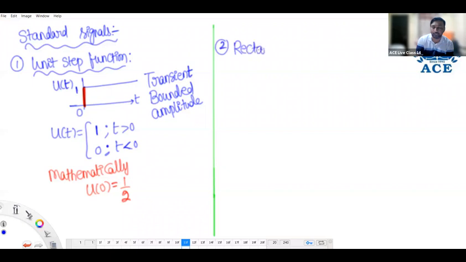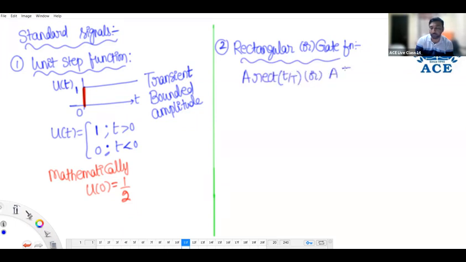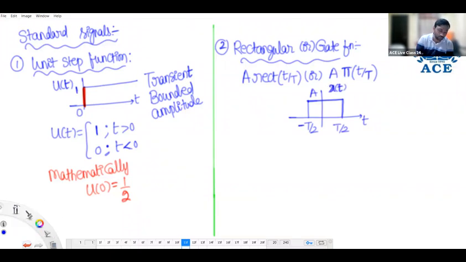Second signal, rectangular or gate function, represented as A rect(t/T) or A times pi of t by T. Rectangle is a finite length signal which covers from minus T by 2 to T by 2 with amplitude A. So what is the width of the rectangle?